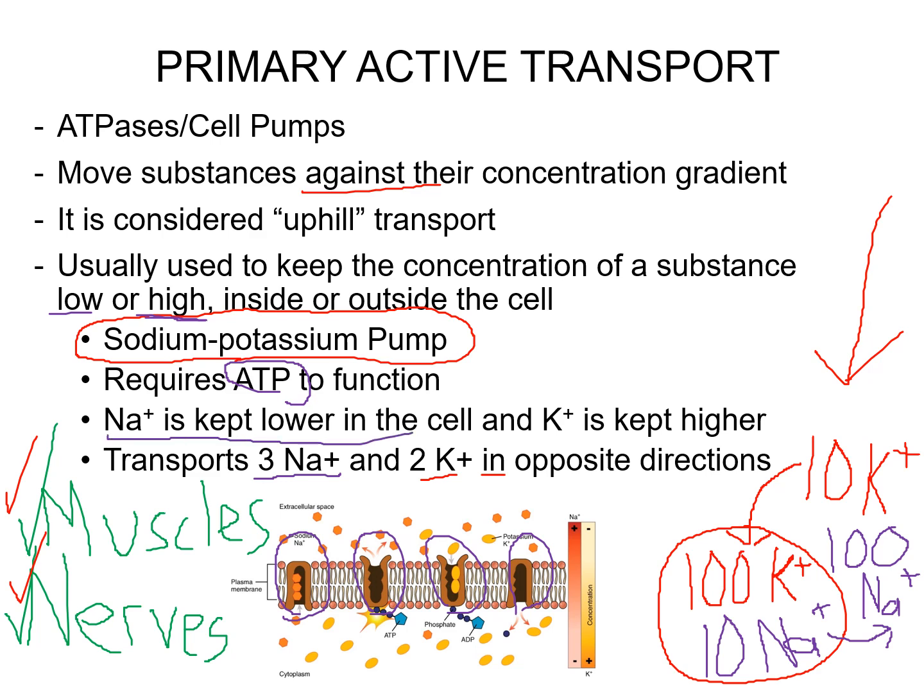We're actually making it less than 10 in relation to the ratio I gave you. And we're getting the potassium higher. So that way, even though some sodiums are naturally leaking into the cell and some potassiums can be naturally leaking out of the cell, we're maintaining this differential or this concentration gradient.